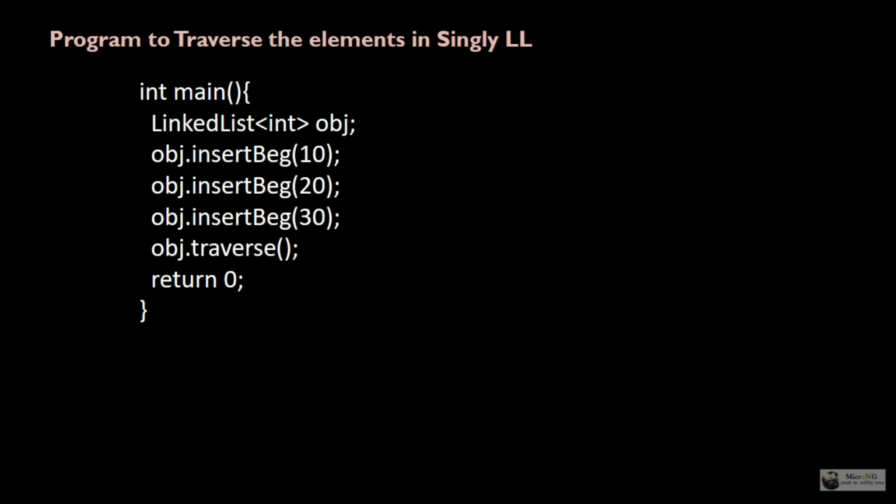And we now perform the traverse operation. It will display the values as 30, 20 and 10 because every time we are inserting a node at the beginning: first 10 is inserted at the beginning, next 20, and next 30. So during the traverse it will display the elements as 30, 20 and 10.